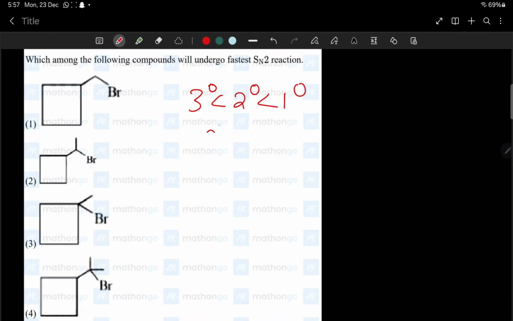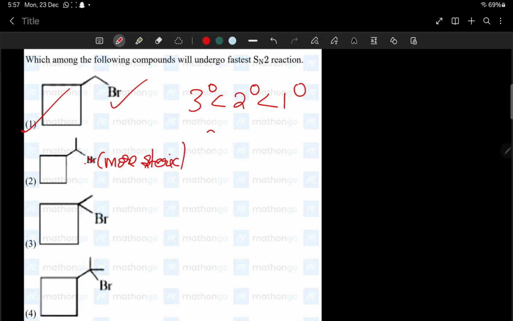That's the thing which will matter here. Here, this is primary. Therefore, this is the answer. Nothing to think. This is primary. But still, this one is having more steric hindrance.